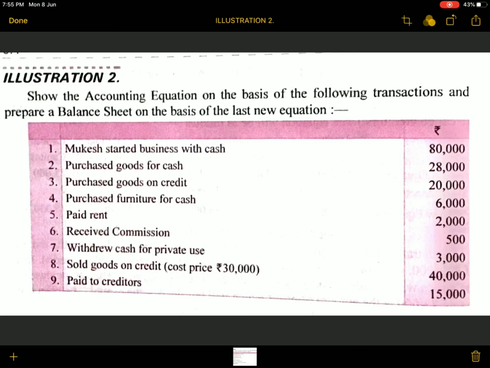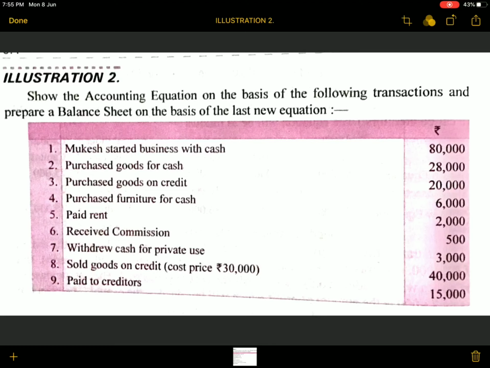So goods sold on credit, so cash is not coming into the business. When goods are sold on credit, it becomes debtors, and debtors increase by 40,000, and goods going out are 30,000, and the difference, the profit, will be added to the capital account. So no effect on cash.